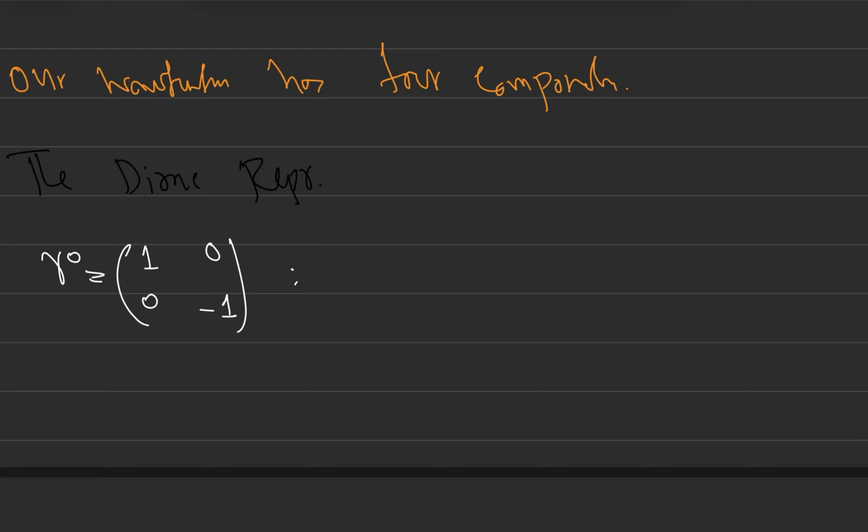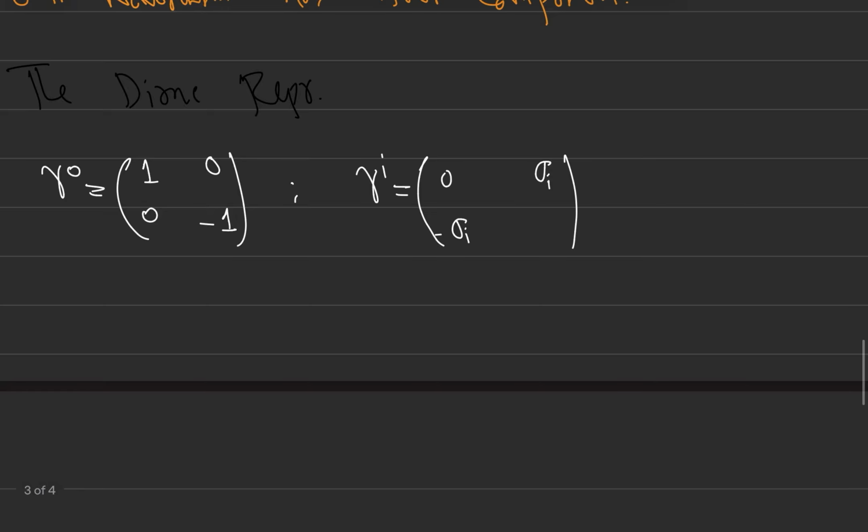And similarly the other gammas are simply, as I said, embeddings of the Pauli operators. So this is basically your Dirac representation.